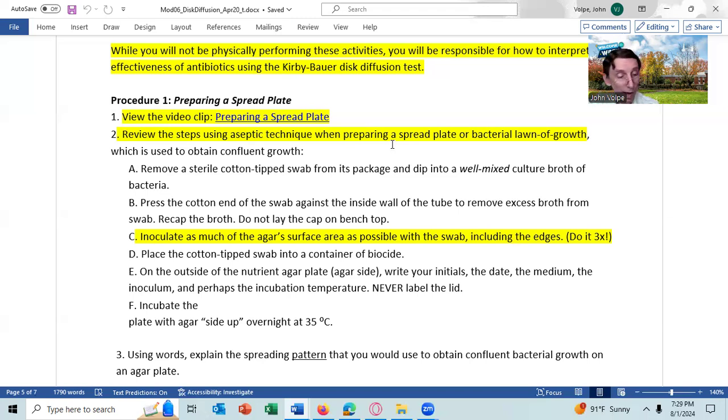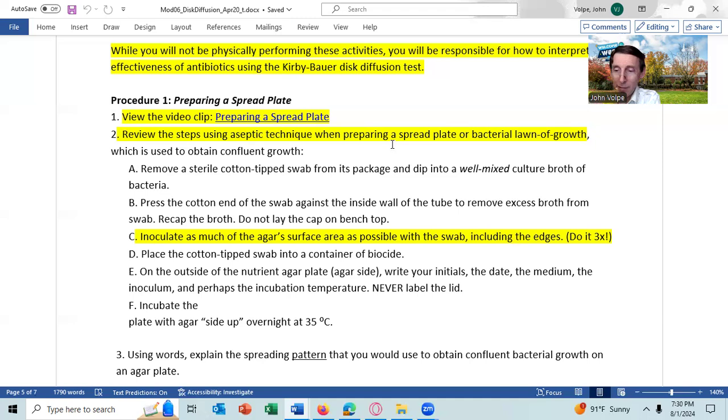And then you swab everywhere with the cotton swab. I'm trying to show that I'm swabbing everywhere. Okay. And then you rotate the swab a quarter of a turn, rotate the plate a quarter of a turn, and once again, you swab everywhere.